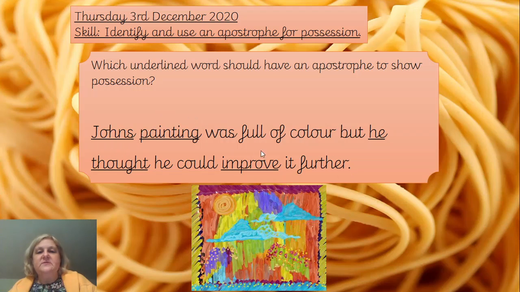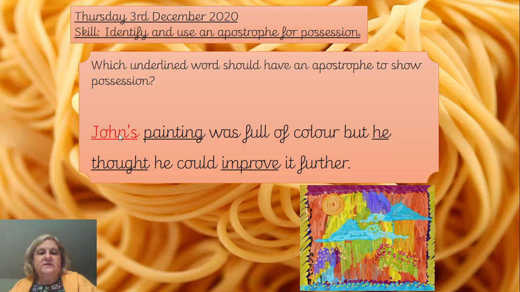So we've got a belonging apostrophe here. So let's have a look at the object in here. The noun is painting that belongs to John. It's John's painting. So that's where the possessive apostrophe should go. It's John with an apostrophe here.